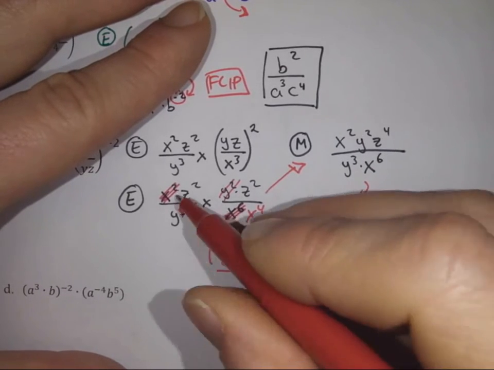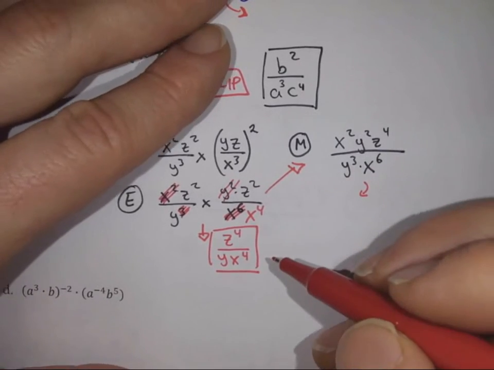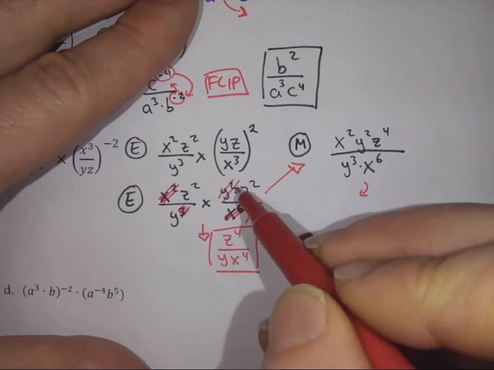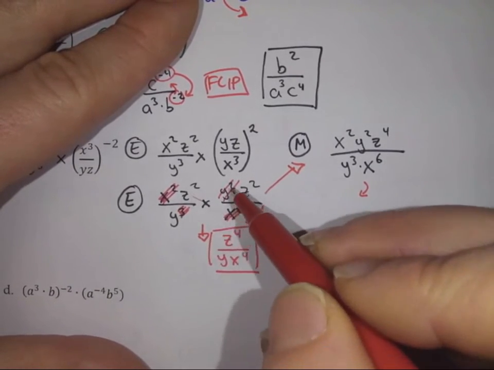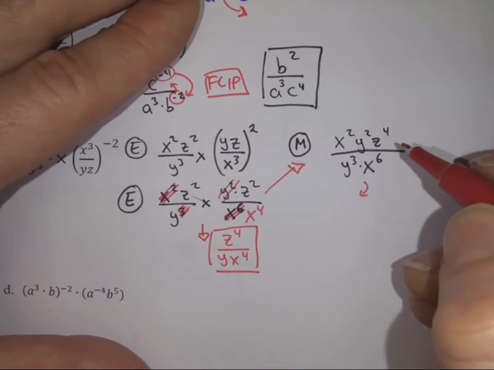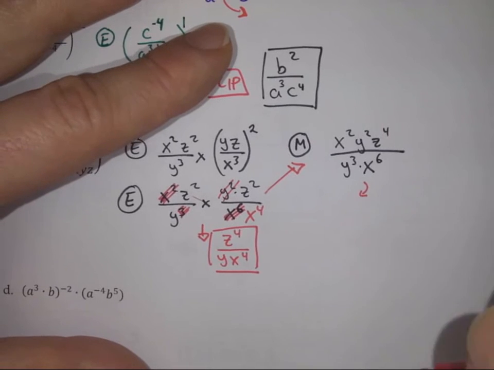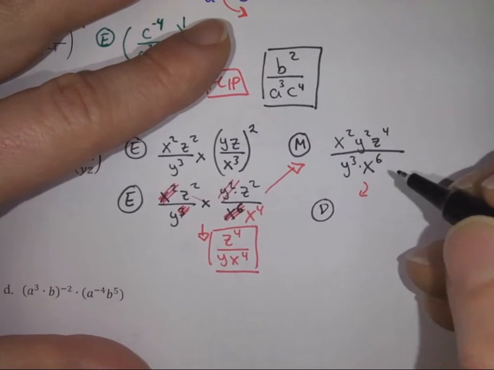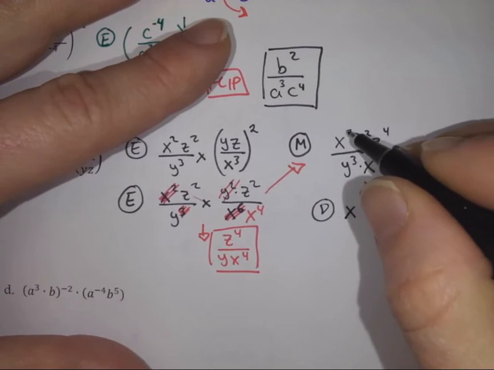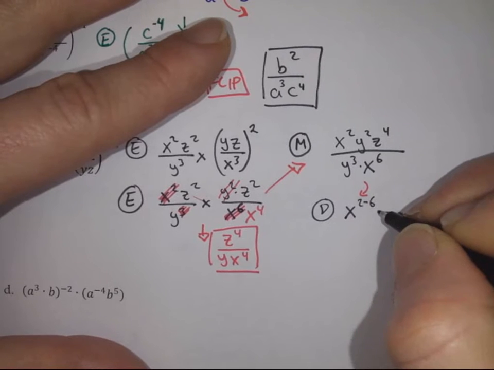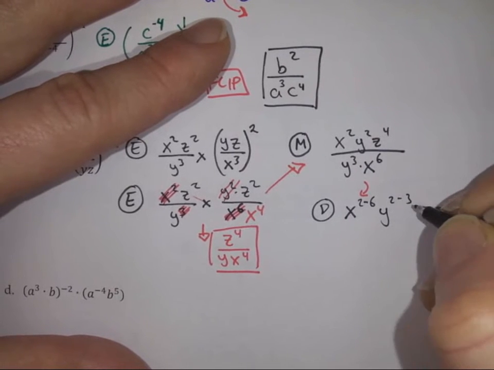However, that's actually the answer, if you were comfortable with what we just did there. However, you also might have learned that if you multiply fractions and you don't want to simplify diagonally by taking out any common factors, you have to always simplify afterwards, which is what we're going to do now. We're going to do a division step, which is to say I'm going to have x squared over x to the power of 6, so it's x to the power of 2 minus 6, times y to the power of 2 take away 3, times z to the power of 4.